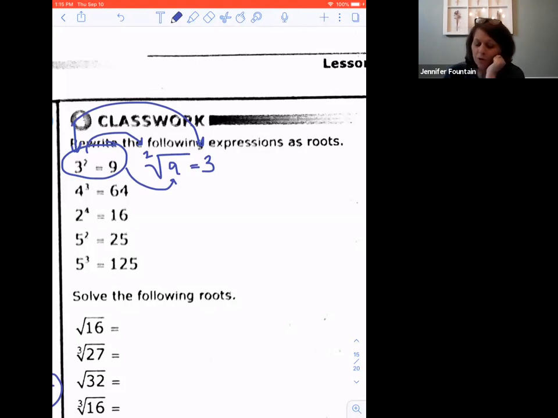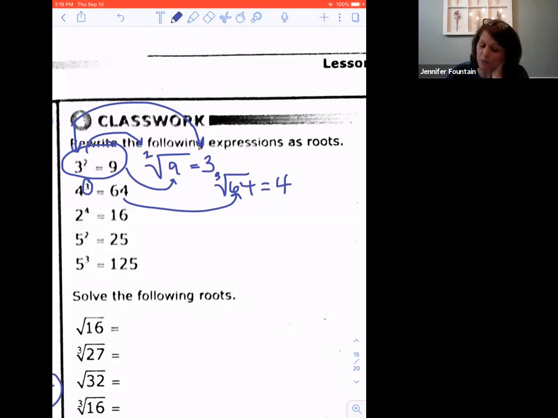Now when I look at 4 cubed equals 64, again, my big number here becomes my radicand. My little number here, 3, is my index, so it's going to go there. And then that is going to equal 4. The next one, I have 2 to the 4th power equals 16.